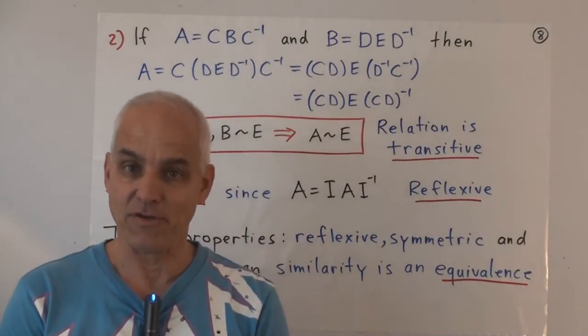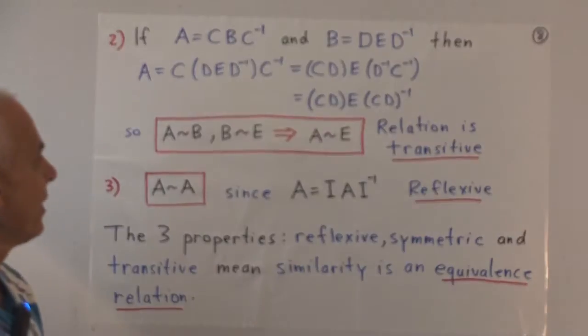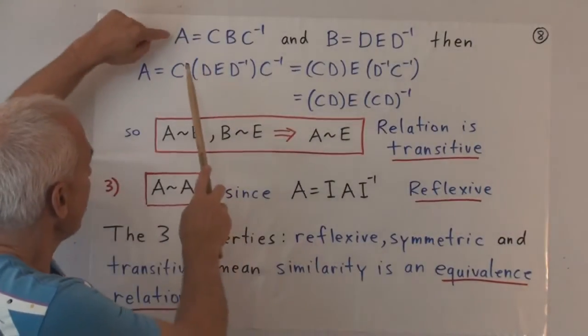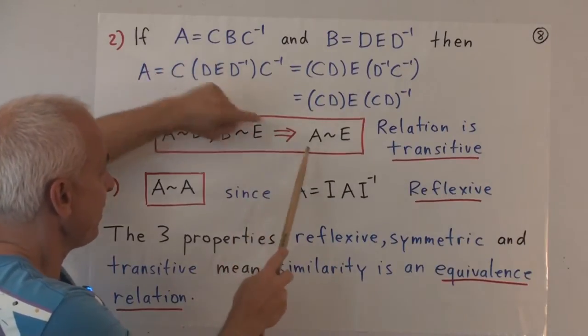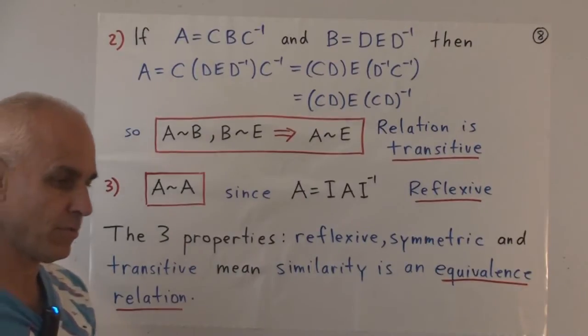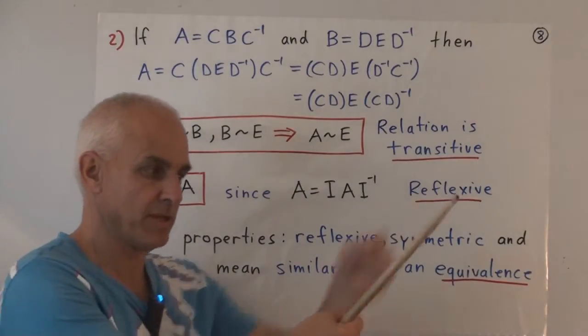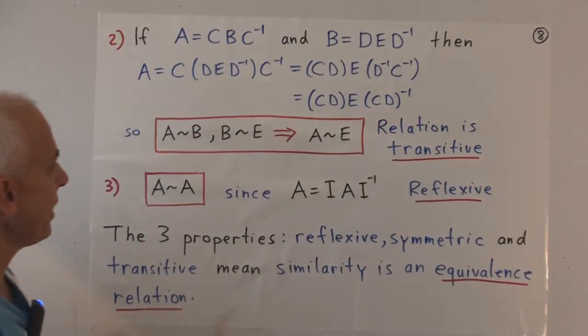The second property of similarity is called the transitive property. And that says that if A is similar to B and B is similar, say, to E, then A is similar to E. So A is similar to B, B is similar to E, then the first one is similar to the third one. And here's the proof.